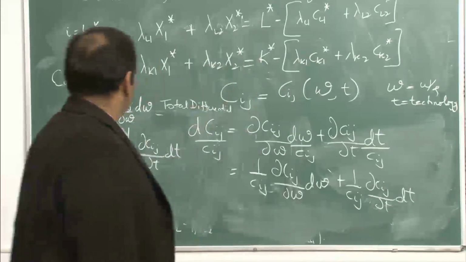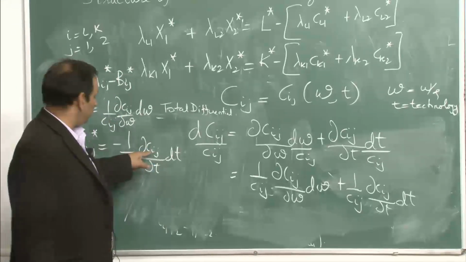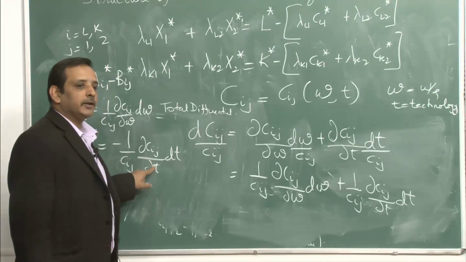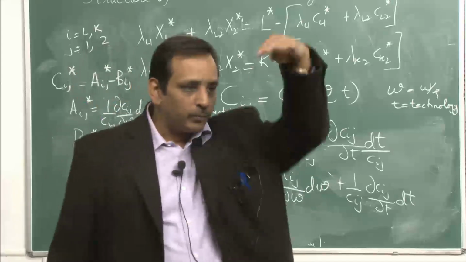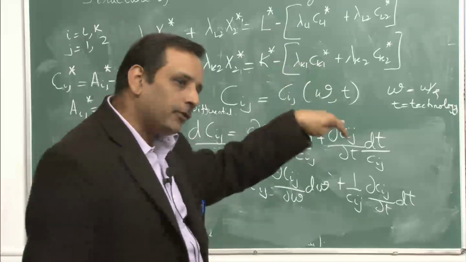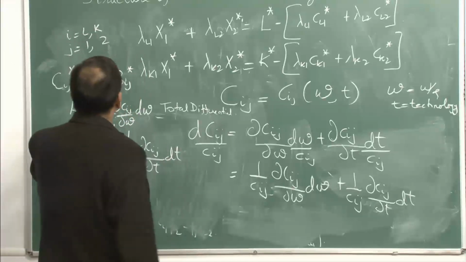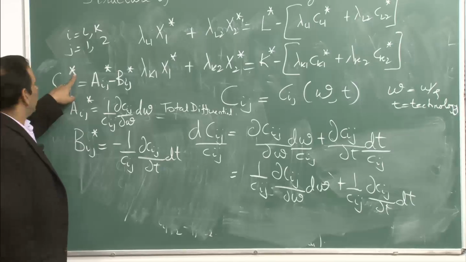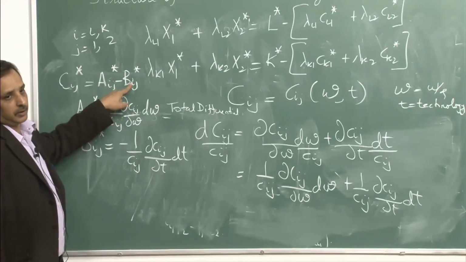implying that price and demand are inversely related. So, here also technology tends to have an impact on input output requirement, but there is a negative sign implying that with an improvement in technology, you employ less of labor and capital to produce the same output. So, therefore, there is a negative sign. Then Cij star, the proportionate change in the input output requirements, is Aij star minus Bij star.